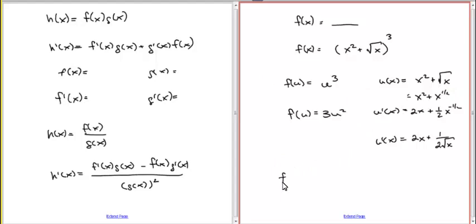So the chain rule says that if you have a composite function like this, not a product, but a composite function, then the derivative is equal to f prime of u times u prime of x. F prime of u, I have up there, u prime of x.